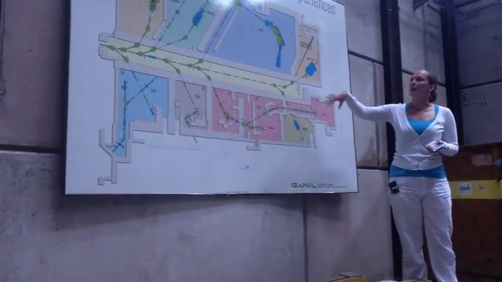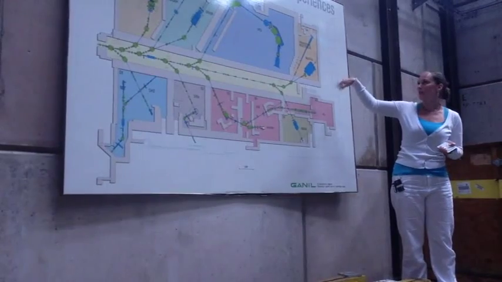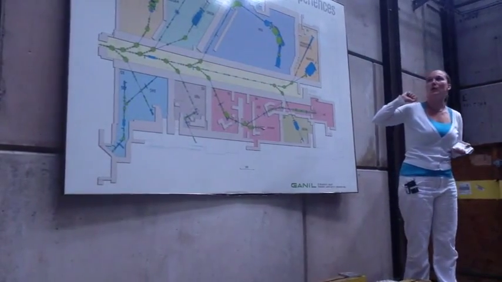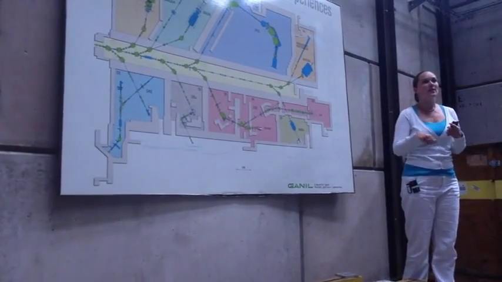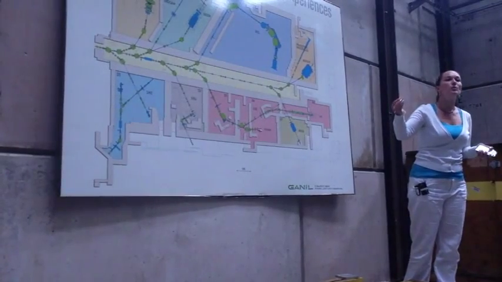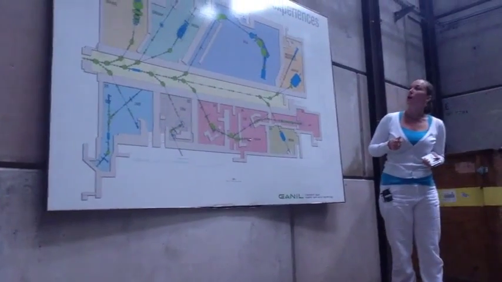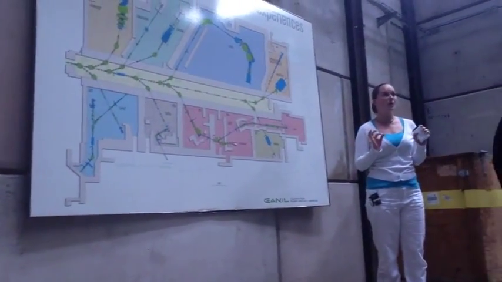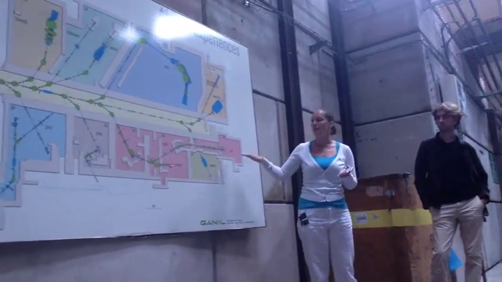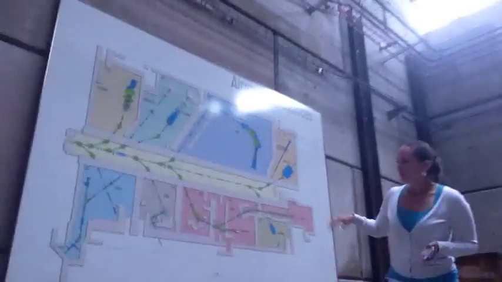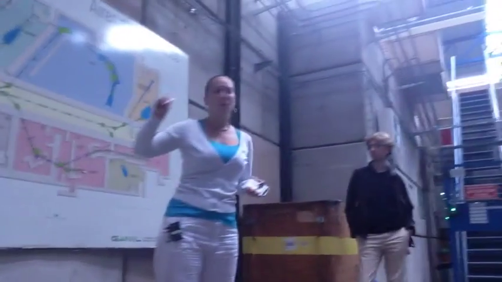Everywhere in the other experimental rooms, we can do ISOL facility, so to use the SPIRAL 1 beam, so ISOL beam, or stable beam, but the only room in which we can do fragmentation is this beam line. So we accelerate the stable beam.